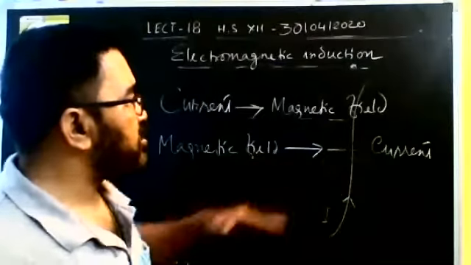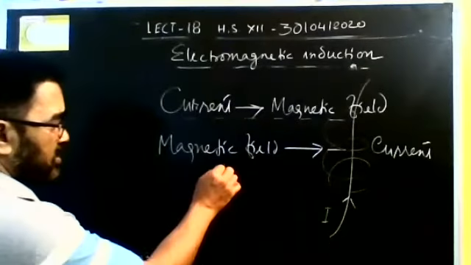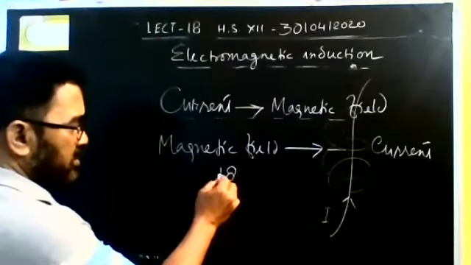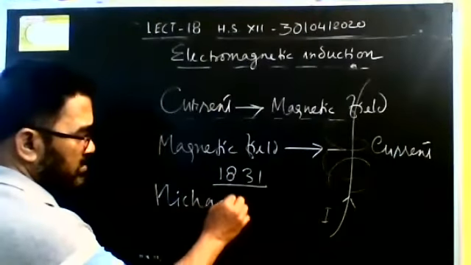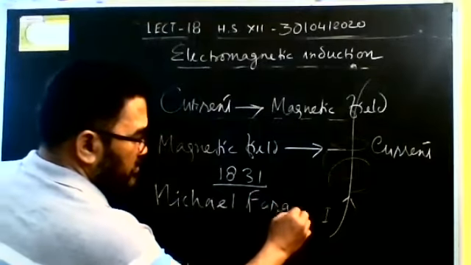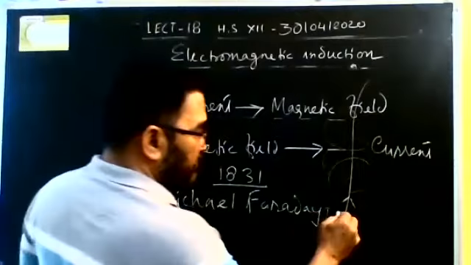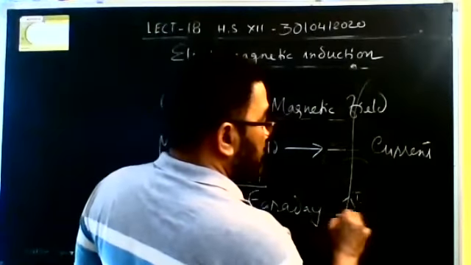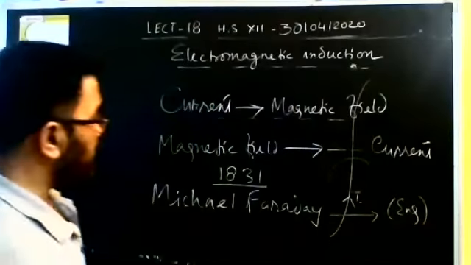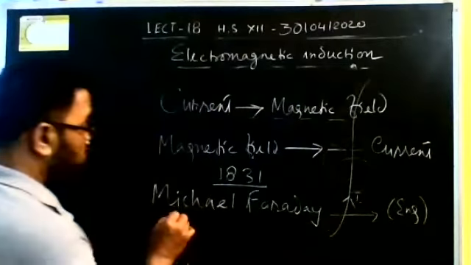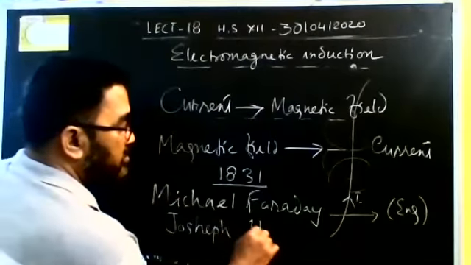This type of experiment was done by two well-known scientists in 1831: Michael Faraday from England, and simultaneously from the USA, another scientist, Joseph Henry.